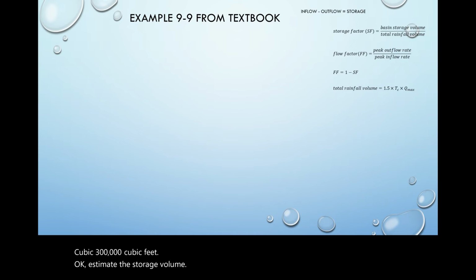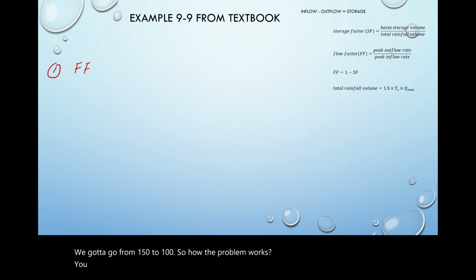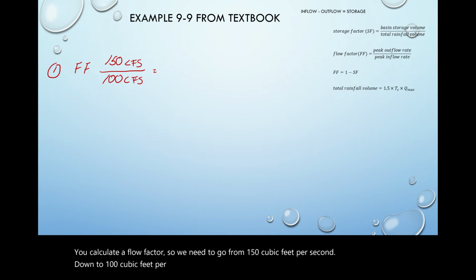All right, so we know we got to go from 150 to 100. So how the problem works, you calculate a flow factor. So we need to go from 150 cubic feet per second down to 100 cubic feet per second. When I divide that, peak outflow rate, peak inflow rate.